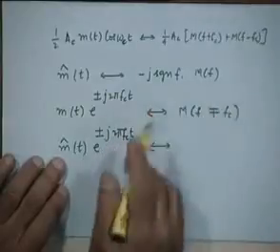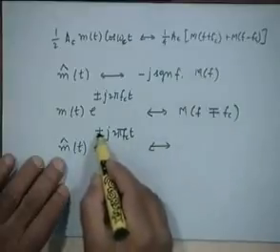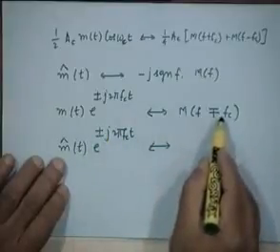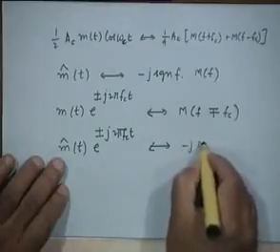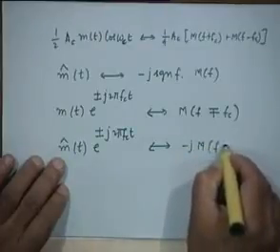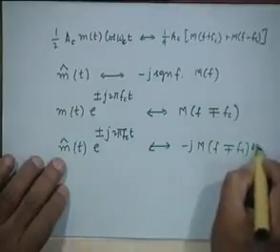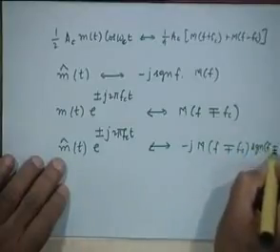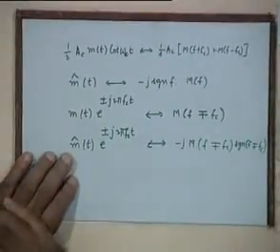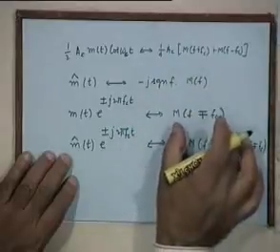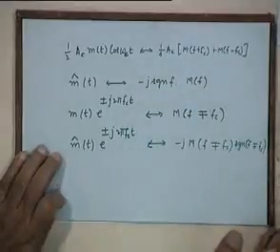This will produce the same spectrum around, if it is plus here, around minus, right? So this will give you minus j M of f minus plus fc into signum of f minus plus fc, right? Basically the same spectrum on which this frequency translation theorem is applied, right?